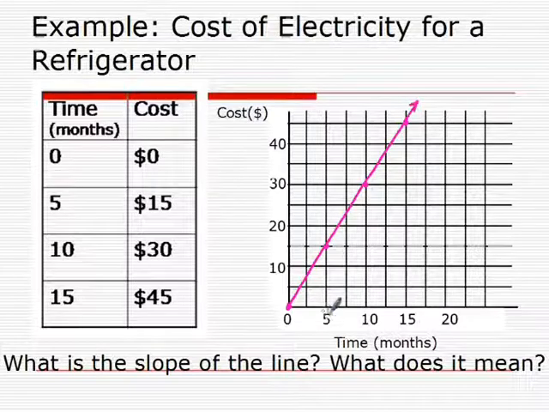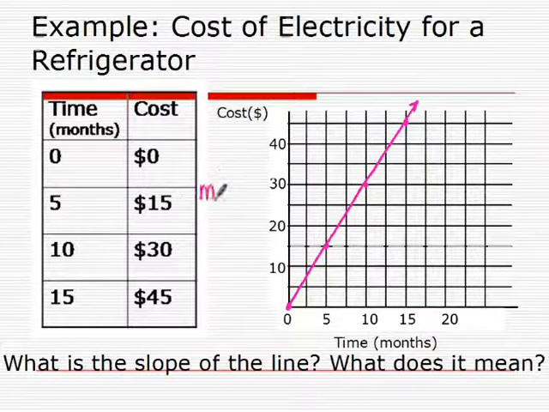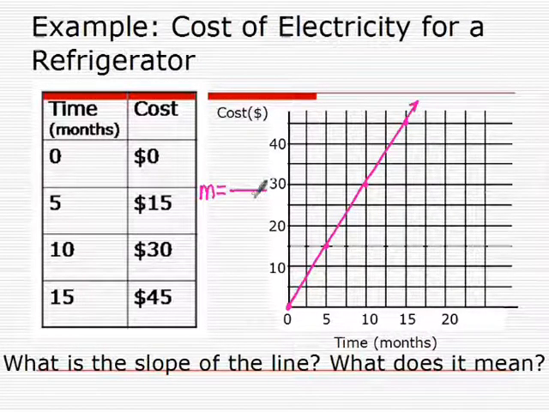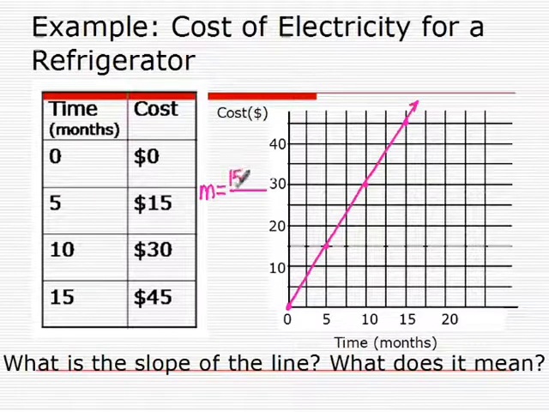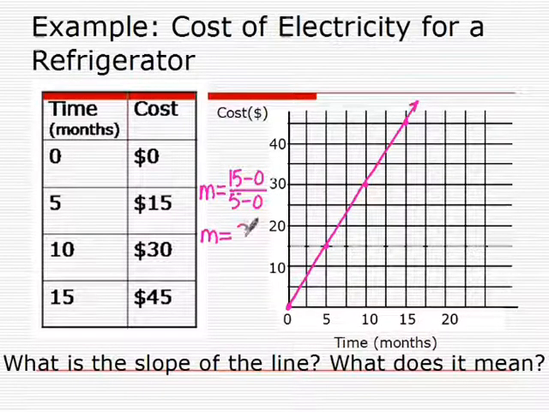So if you're counting, this is 5 in the run and 15 in the rise. So be careful. You can also just do it from here. The difference in y values, 15 minus 0. The difference in x values, 5 minus 0. So the slope of the line is 3.